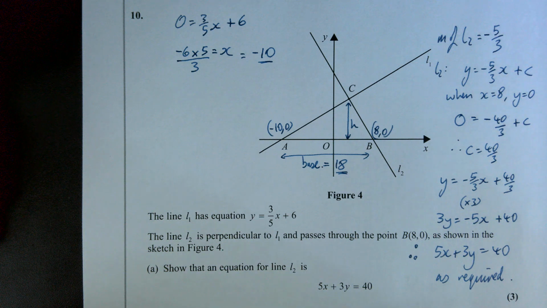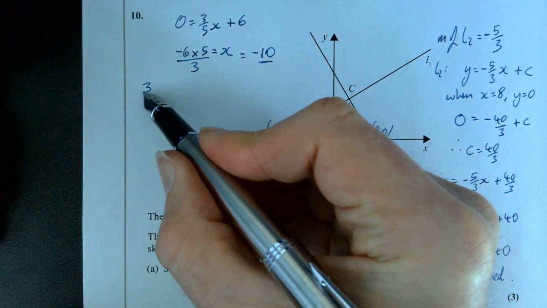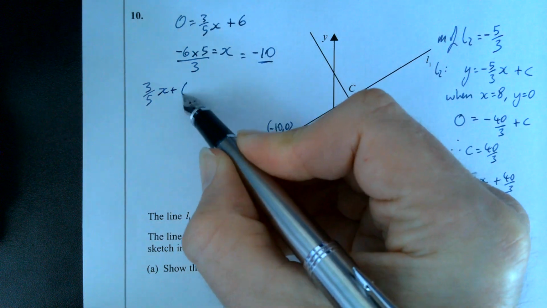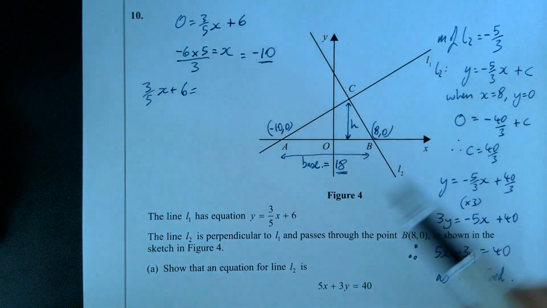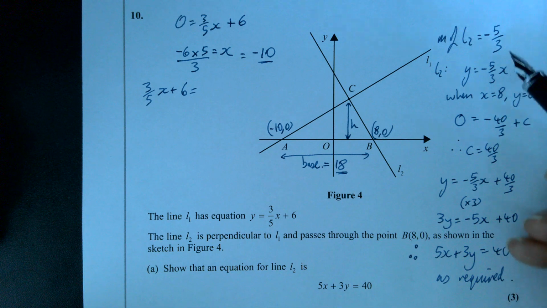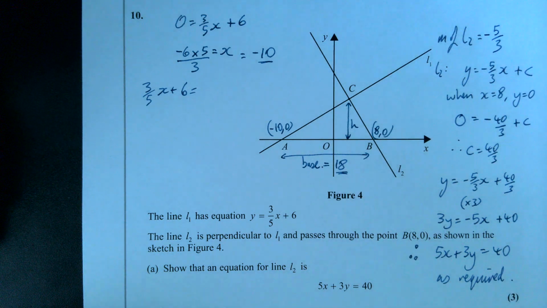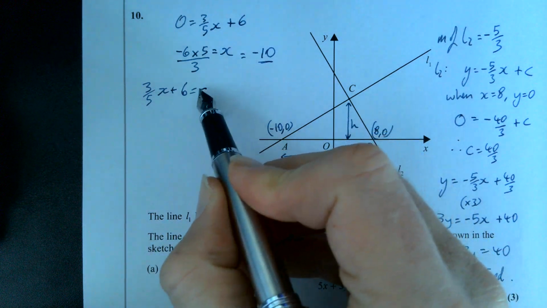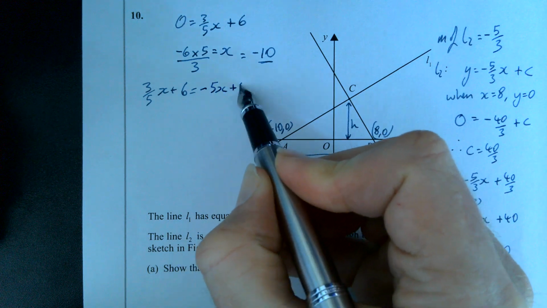Let's make 3/5 of x plus 6 equal to the other one we did, over here, which is y equals minus 5x plus 40.